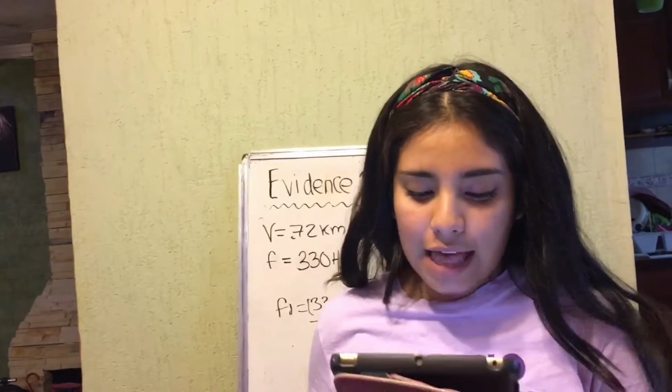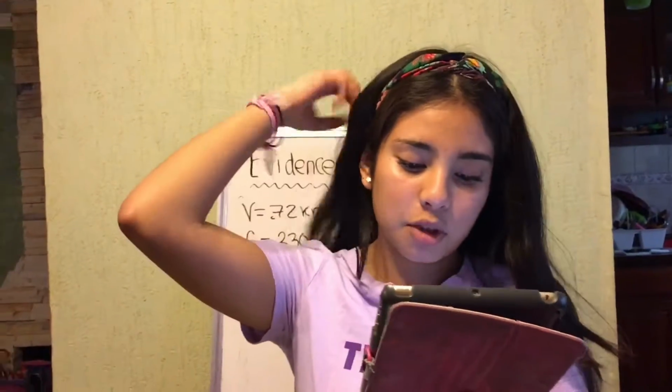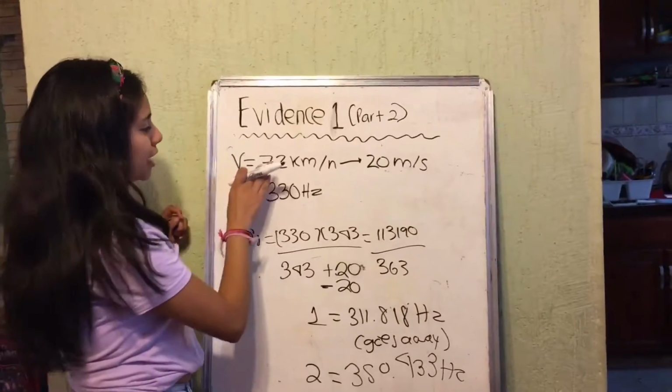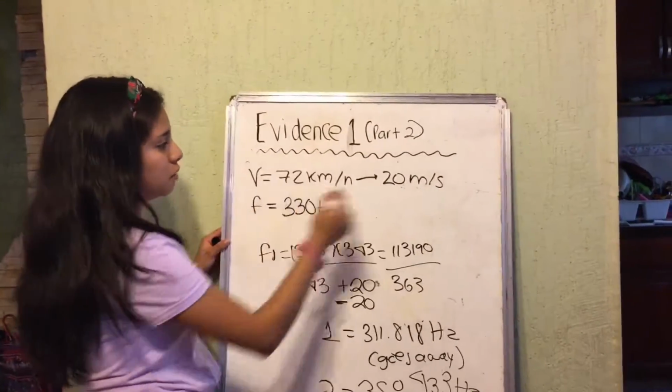Finally, problem number 9. The city subway advances at 72 kilometers per hour and sounds a 330 Hz horn when passing through an intersection where there is a stationary observer. What are the frequencies of the sound that the observer hears when the metro passes by? We're going to do exactly what we did in the last problem. Remember, we always have to convert to meters per second.